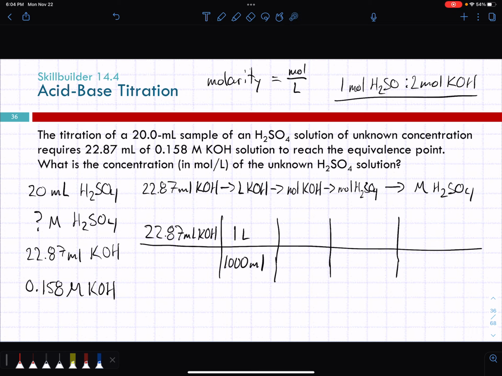Then we want to go to moles of potassium hydroxide, so we use the molarity. Remember, it's moles over liters. So if we want moles and we have liters, we do 0.158 moles KOH over 1 liter.